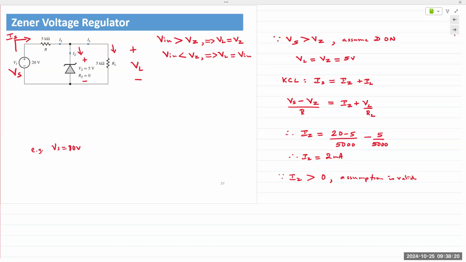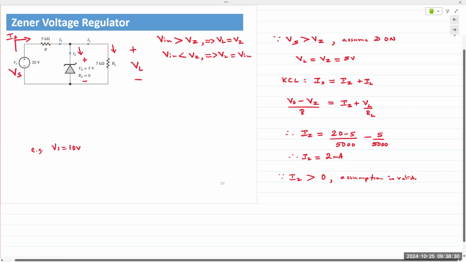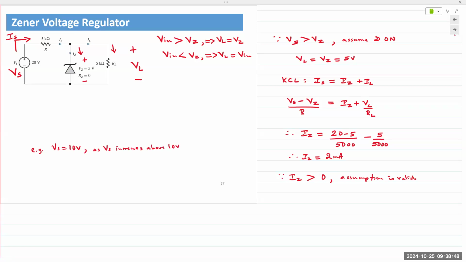That Is is being split between Iz and IL. Okay. Now, as Vs increases above 10 volts, the total current being supplied from the source, Is, will also increase.